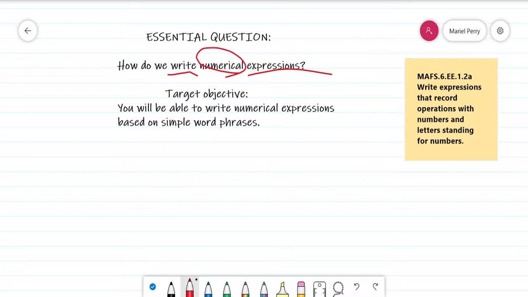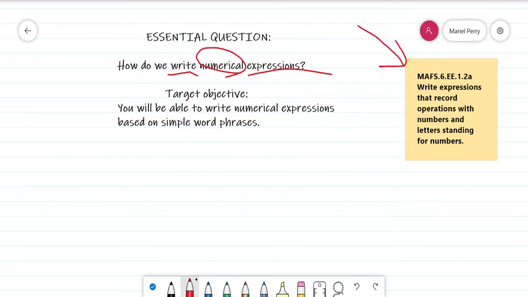I hope you have your pencil and paper ready, or your stylus and tablet, to take some notes, because we are working together on this whiteboard just to focus on writing numerical expressions. By the end of this lesson, you will be able to write numerical expressions based on simple word phrases. Okay, so let's look at what they give us.